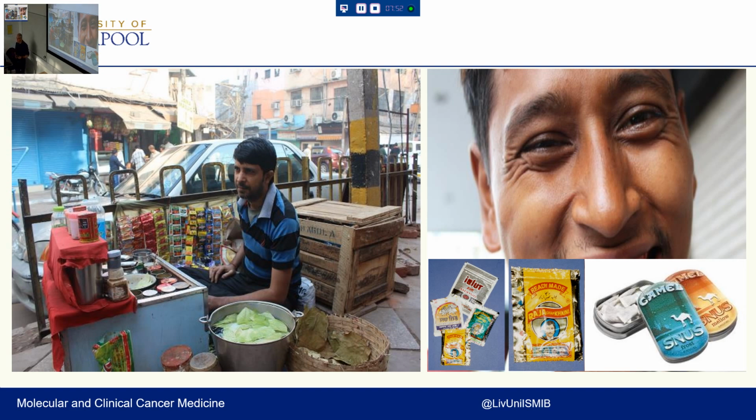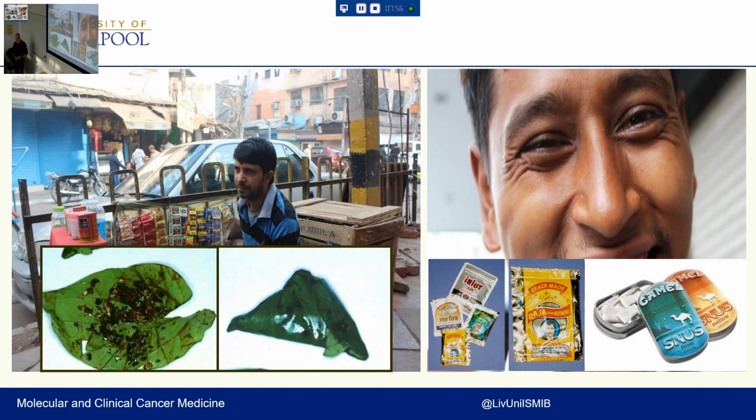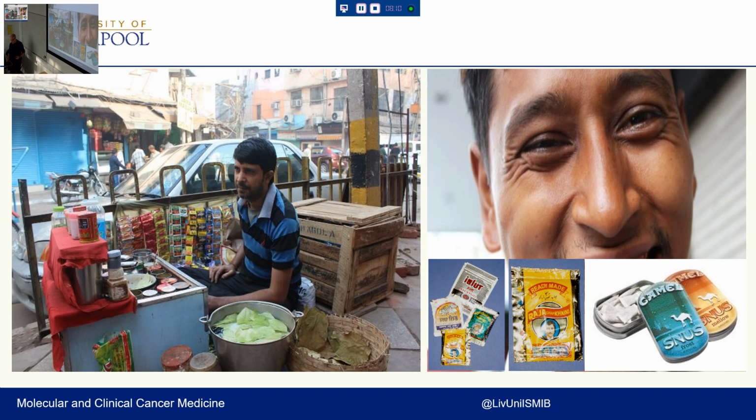And they are selling a particular, this is what they call the pan here, and this is being made up, includes areca nut, often tobacco, various other spices. And this guy here is making them up really to order, exactly the way you want them to be made up.